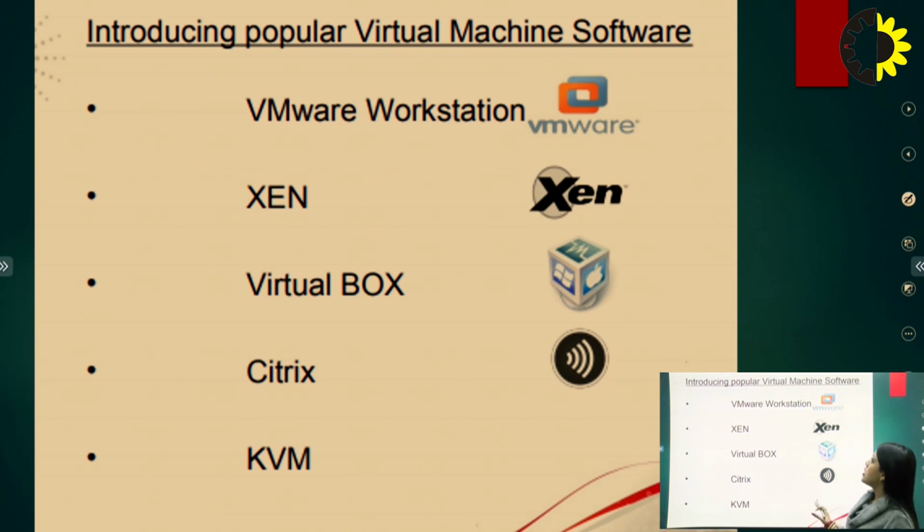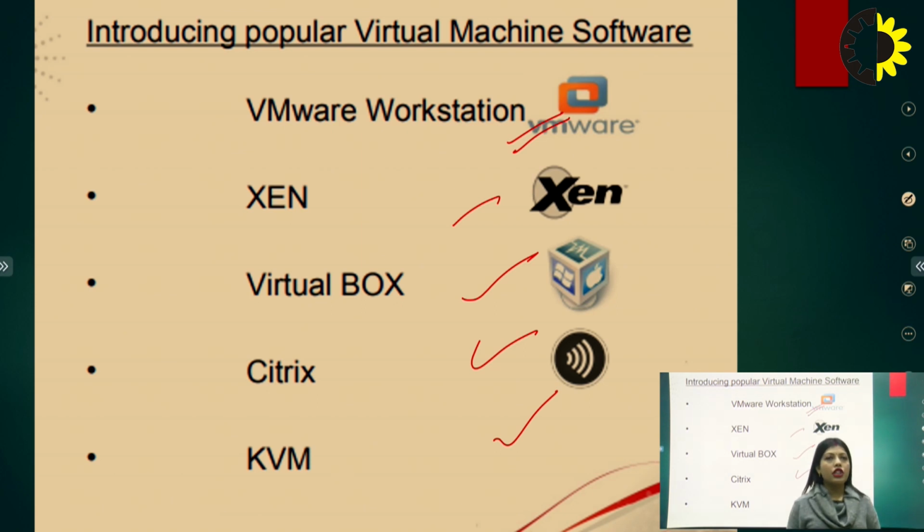Popular virtual machine software includes VMware Workstation, Xen, VirtualBox, Citrix, KVM. These are all virtual machine software.